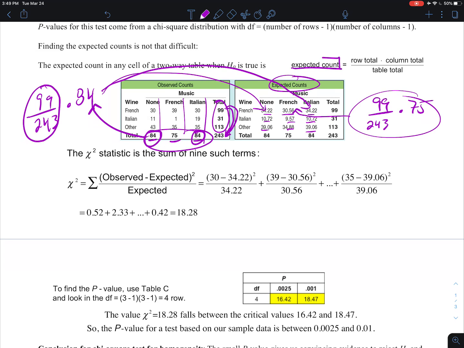And the expected count for each cell is going to be the row total times the column total over the table total. And that'll be true for each of these cells. So if I just pull this guy out right here, that's 31 times 84 over 243. The row total times the column total over the table total.